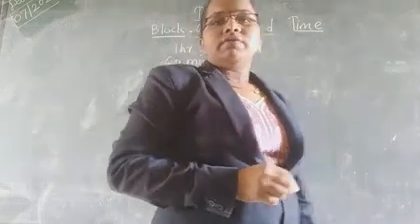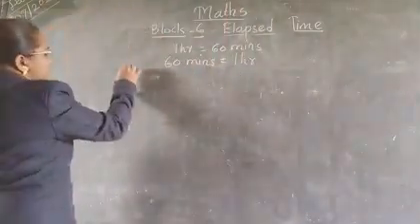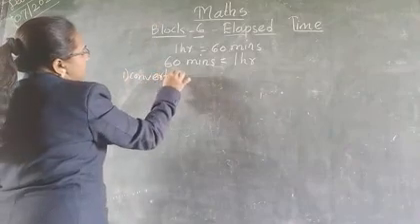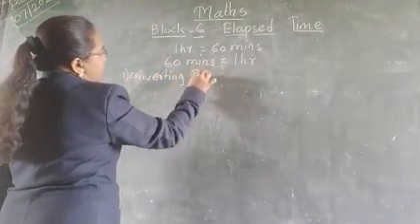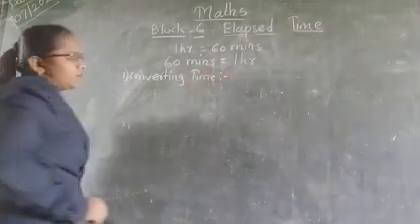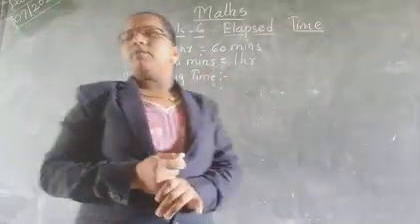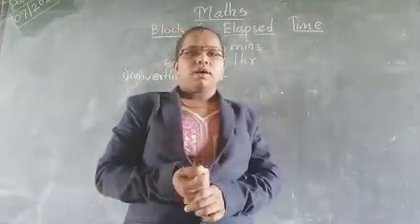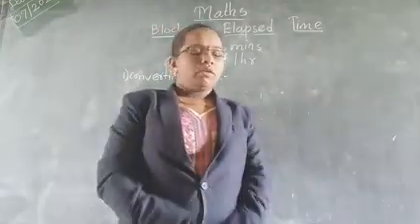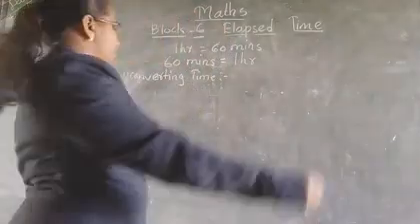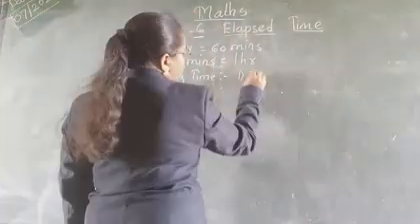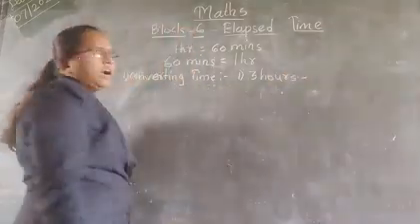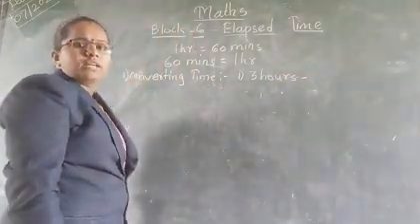In the first lesson, the name of the first lesson is converting time. You know how we convert time, hours into minutes and minutes into hours. Here we have one example, 3 hours. Tell me how we convert hours into minutes.